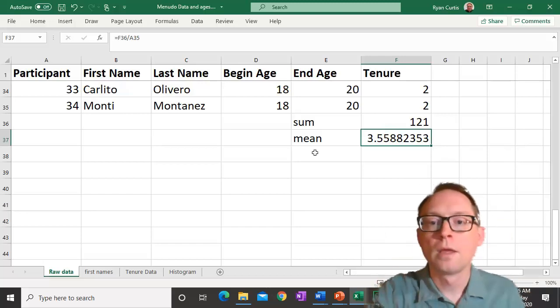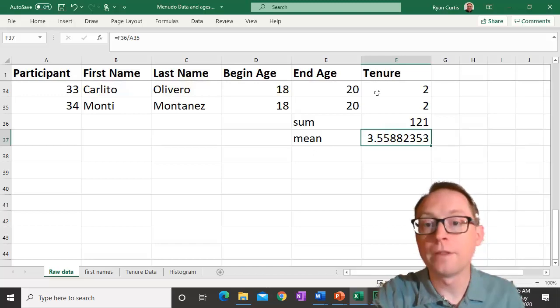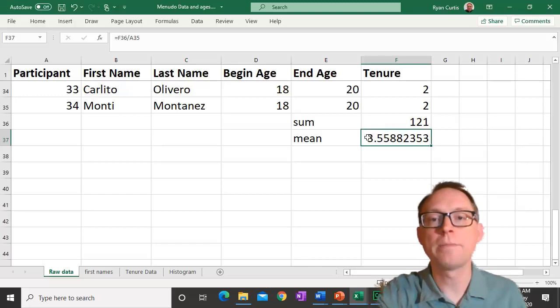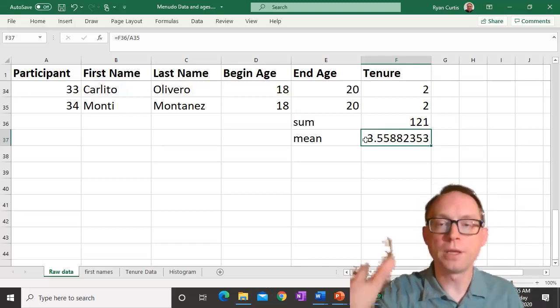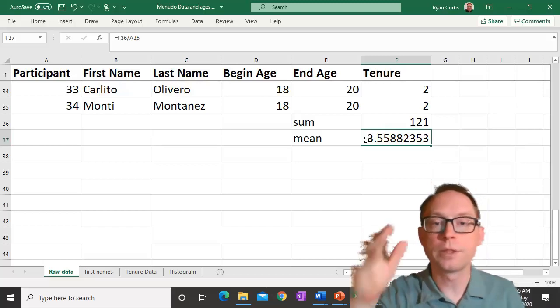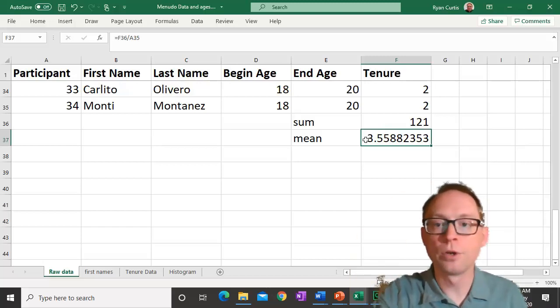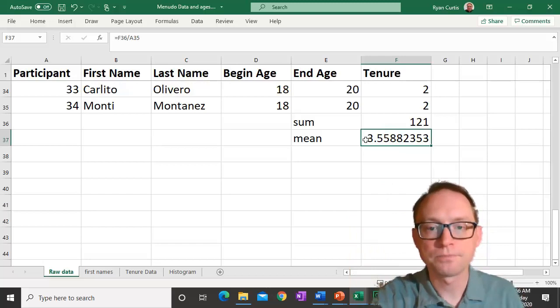This is the mean tenure, how long they were in the band. So the mean amount of time in years that anyone in the entire population of Menudo was in Menudo is 3.56 years.